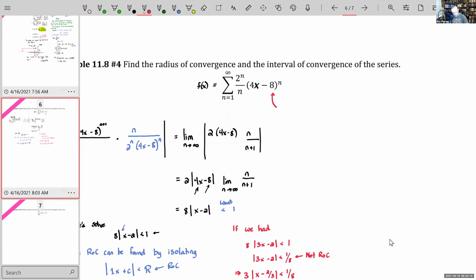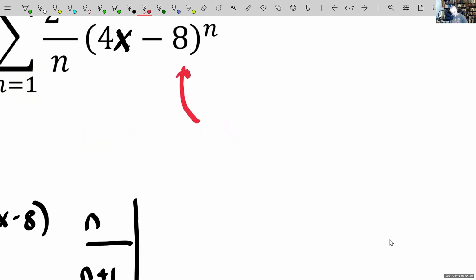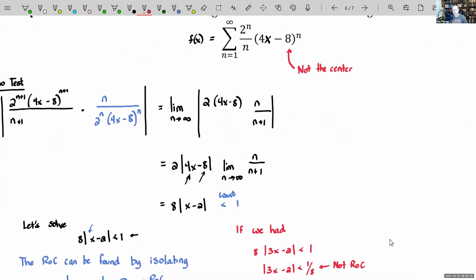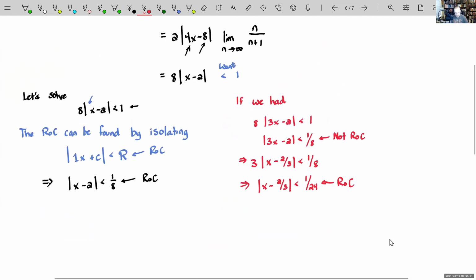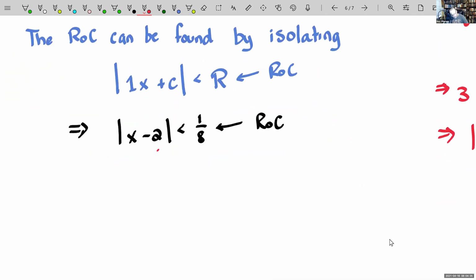This is not the center. You can only find the center once you have factored out that lead coefficient. And that's usually done when you are finding the radius of convergence. When you find the radius of convergence, that is this. In fact, I'll use green ink because that means good. That is totally the center. Center is at 2.